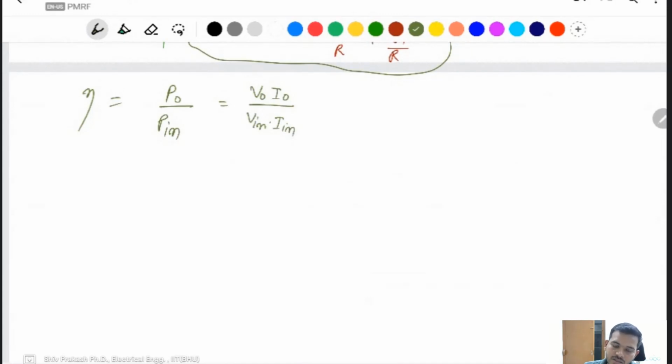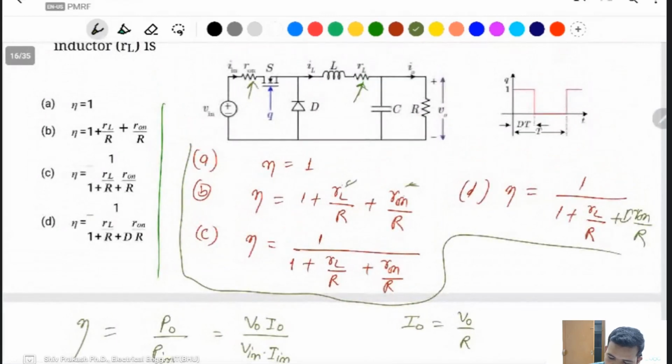In DC case, AC is the same, but with some power factor of course. But in DC, V output, I output divided by V in, I in. Here output current is the same as V output divided by R. And duty ratio is also given, D T, same as duty ratio.